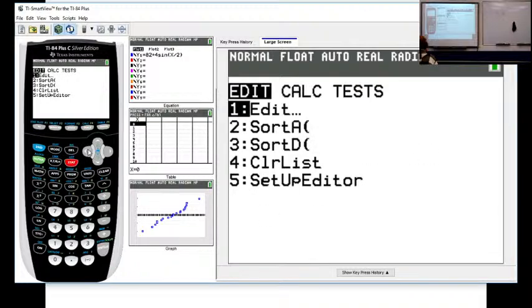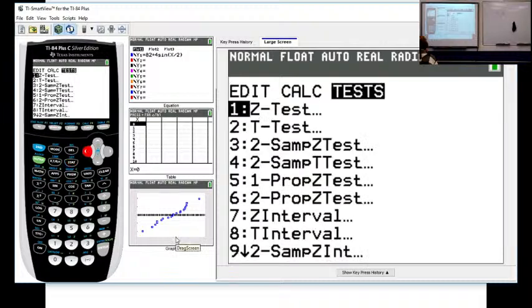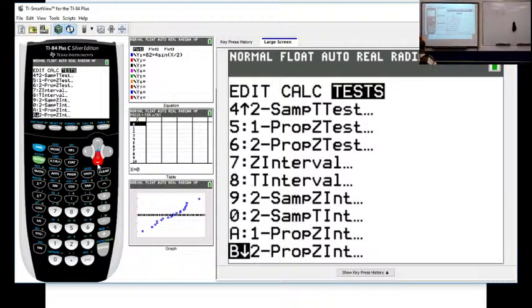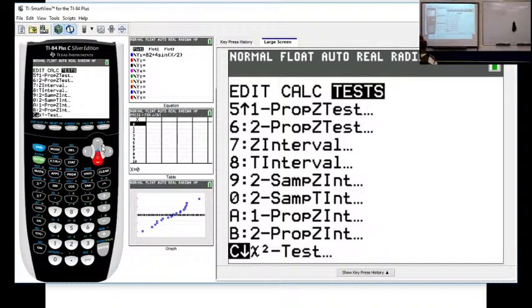We're going to go stat over to test. The name of this test is going to be a one sample t interval. So one sample, because we're using one sample.